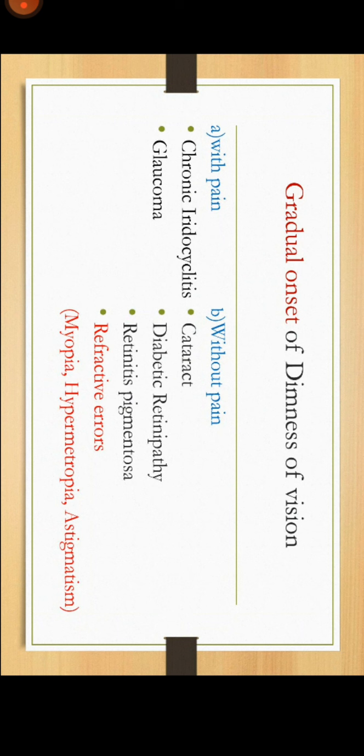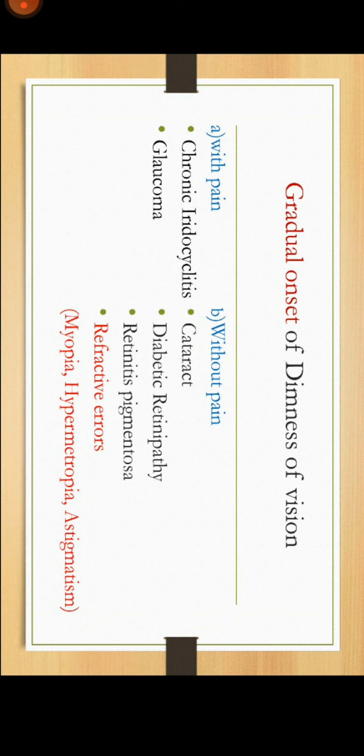The iris and ciliary body are part of the vascular layer, so the blood supply is there. It is most prone to infections, and there is severe pain.